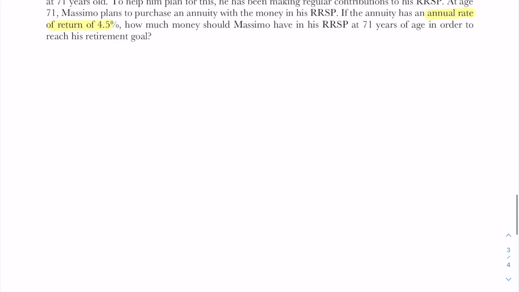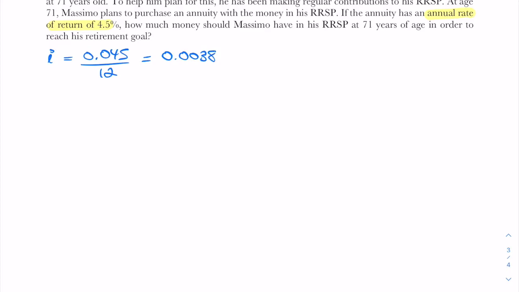All right, let's get started. So first of all, the interest per compounding period would be the annual rate of 4.5% divided by 12 because he'd like to receive monthly payments. This will be an interest of about 0.0038 per month.